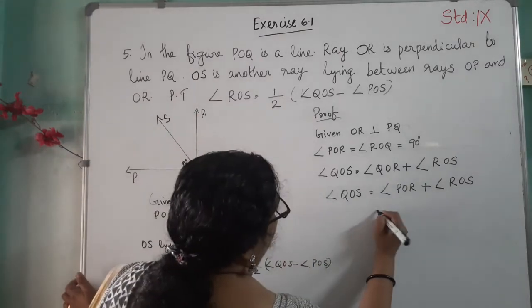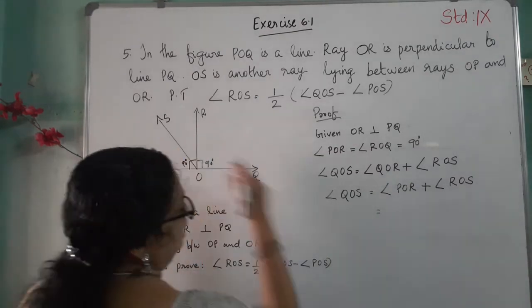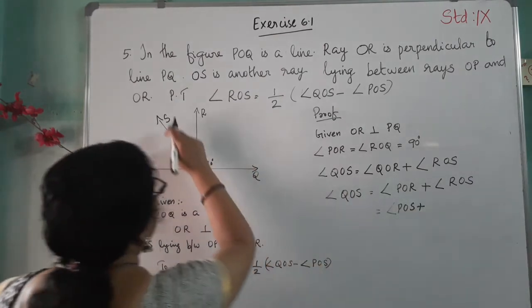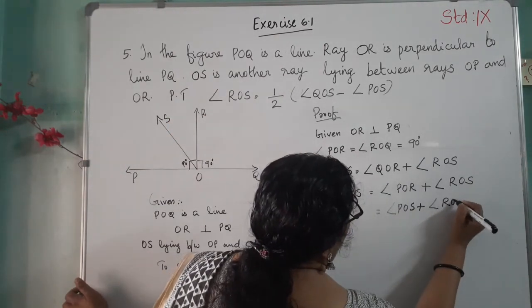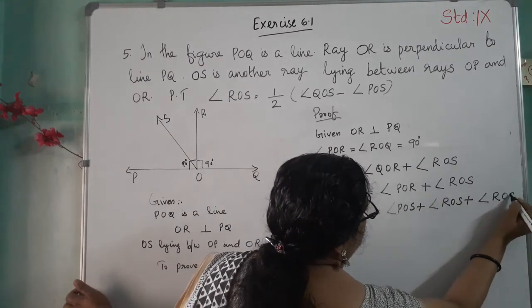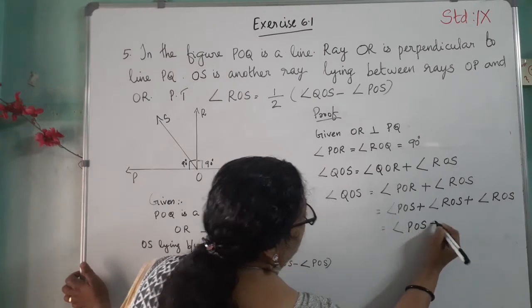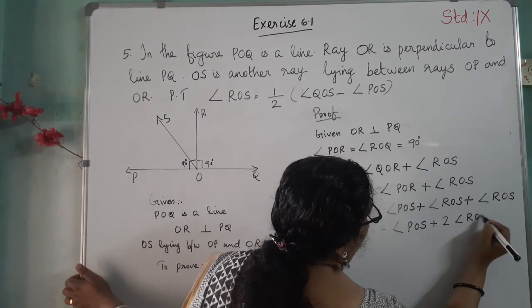So angle QOS equals angle POS plus angle ROS plus this angle ROS, that is angle POS plus 2 angle ROS.